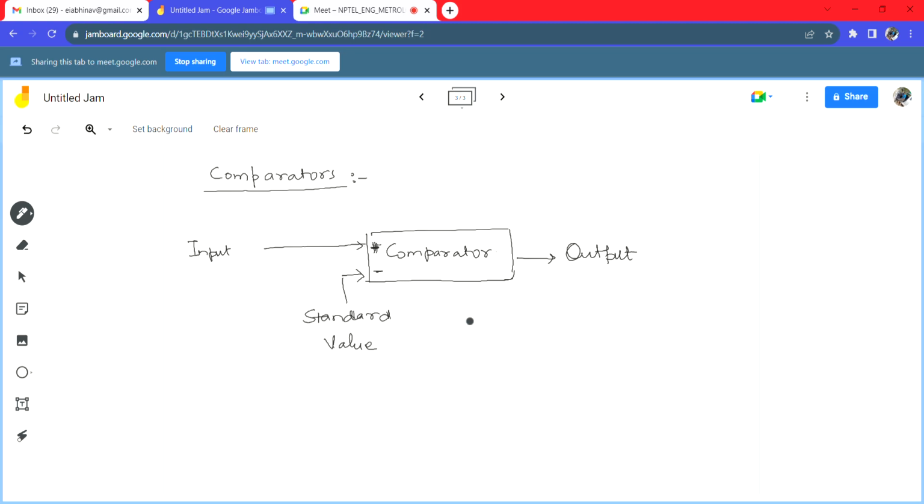Now what does this additive comparison mean? Say we are getting a value of pressure to be 5 kilopascals.